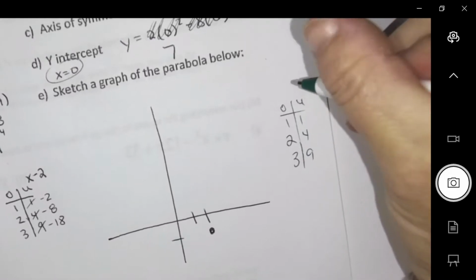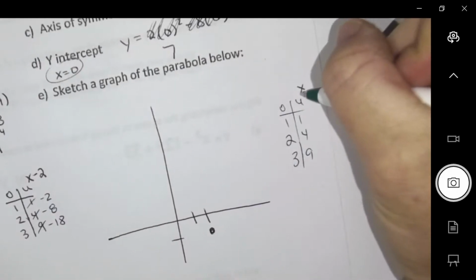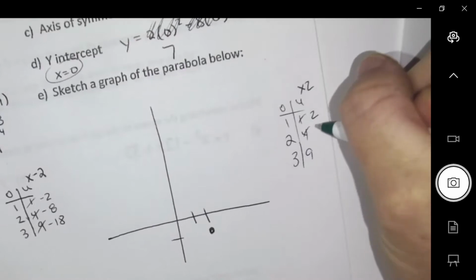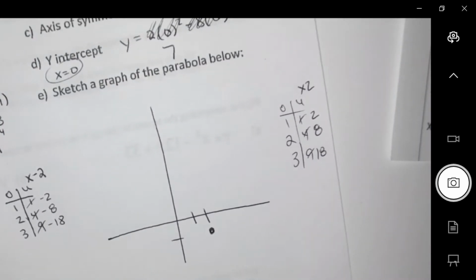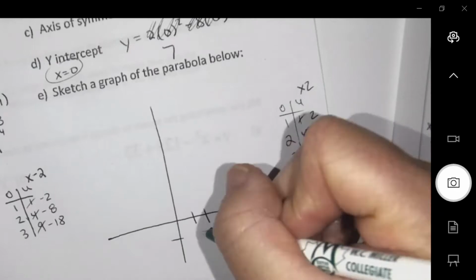The slope is 2, so I'm going to double everything. Okay, so over 1 up 2.